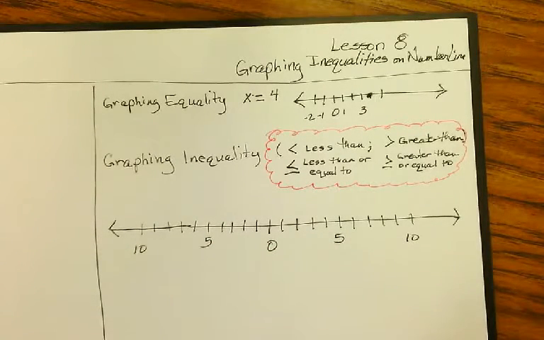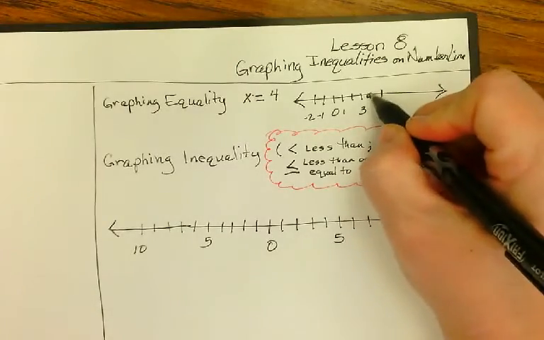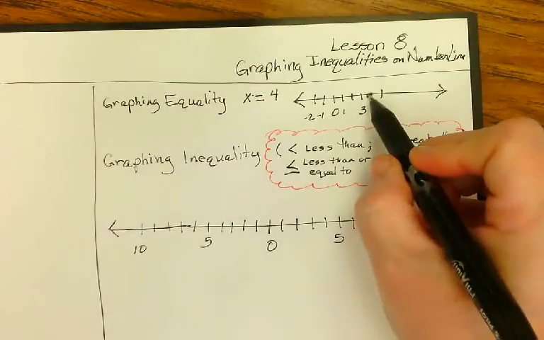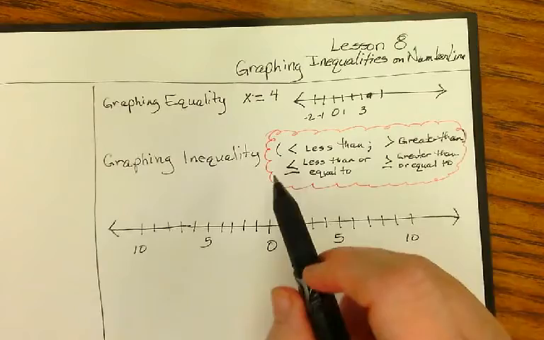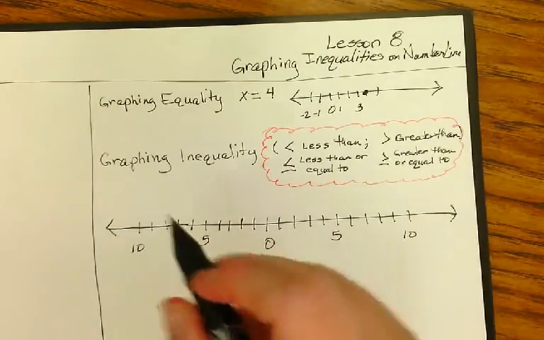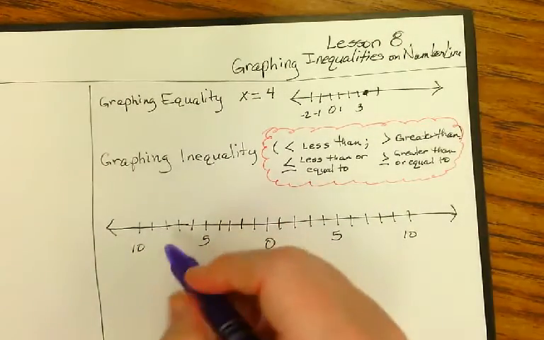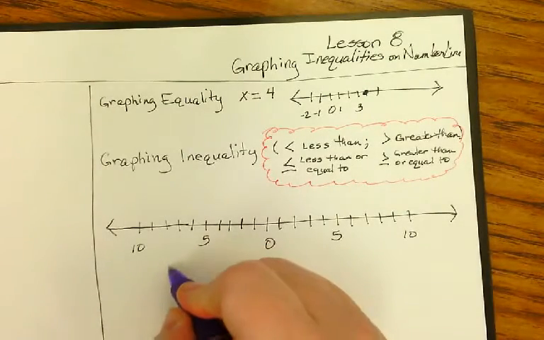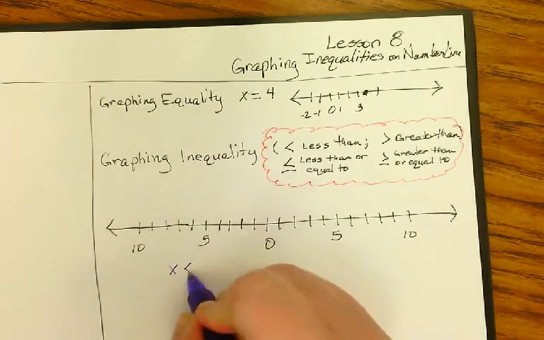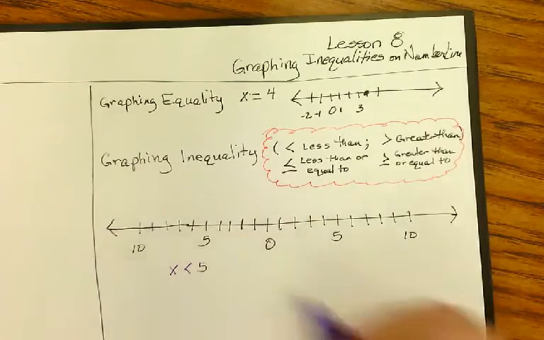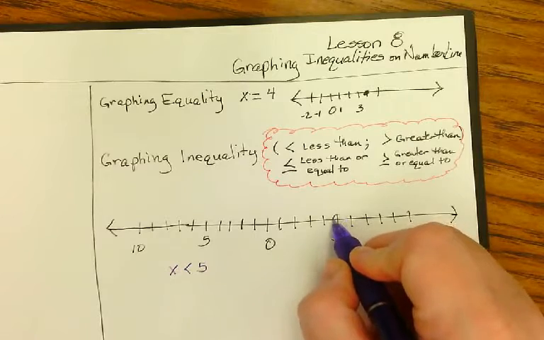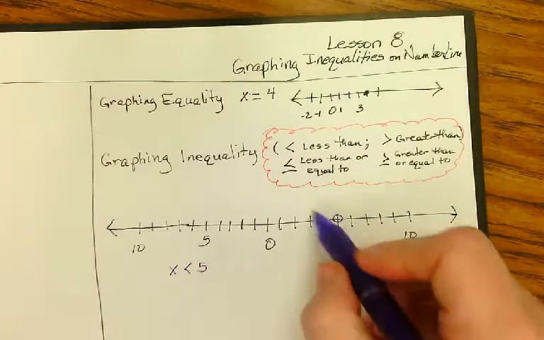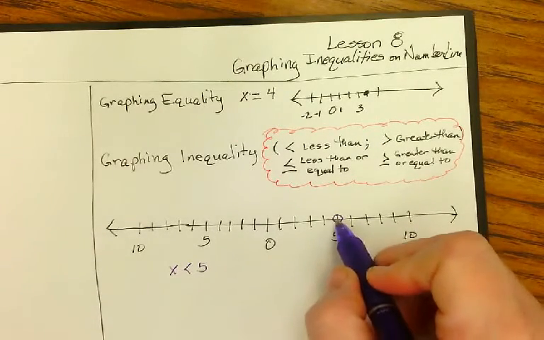We need to remember that this dot right here, it equals that. Now, if we get something where it says, I'm going to do it in colors so that we can keep it straight, x is less than 5. Then we're not going to put a solid dot like that. We're going to put an open dot. It means it doesn't equal 5, but it's every number less than 5.